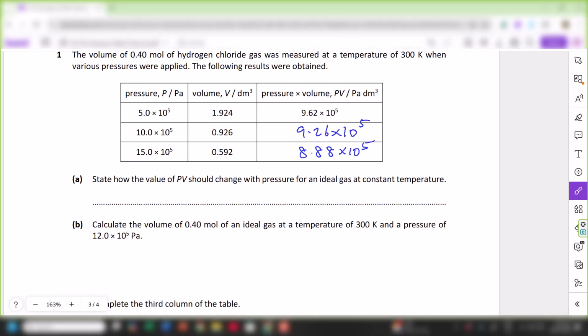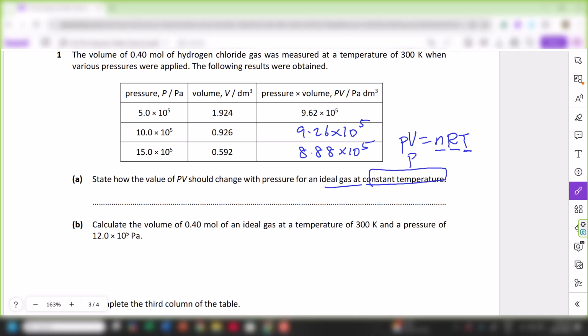Part A asks how the value of PV should change with pressure for an ideal gas. So again, this is not related to the table. If you look at the ideal gas equation, PV equals nRT, you notice that for a fixed mass of gas, n is fixed, R is fixed, and for a constant temperature, T is also fixed.